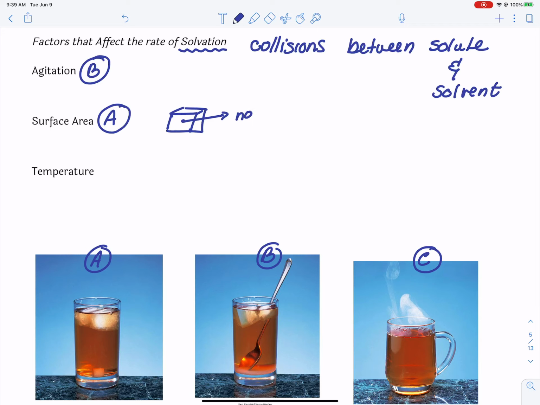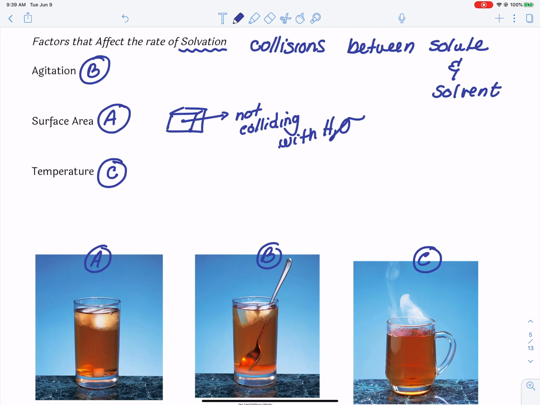It is not colliding with water until all the other sugar molecules dissolve. So a sugar cube will actually take a significant amount of time to dissolve in water, whereas if you just have crystallized sugar, it will go much quicker. And then, of course, that makes C, temperature, one factor.